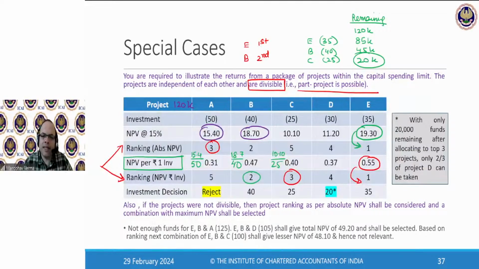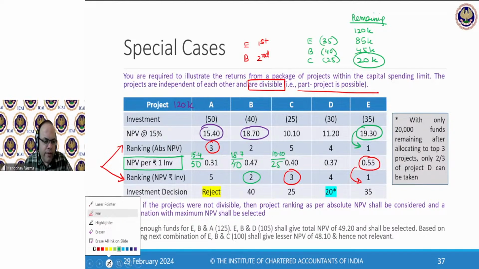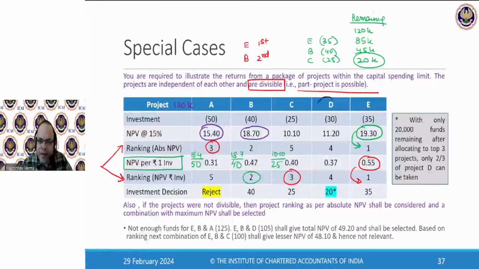And we are left with 2 projects, D and A. Mind you, you can very well see that project D requires 30,000, but you are left with 20 here. But since you can do part of the project, you can do 2 by 3rd of D here as well. So you are saying E, B, and C, right? 2 by 3 of D can be taken as well. What do you think, guys?